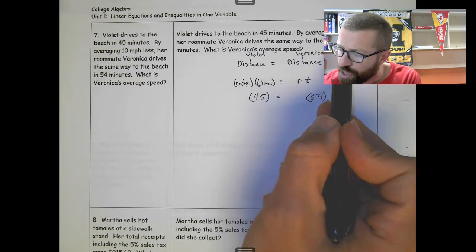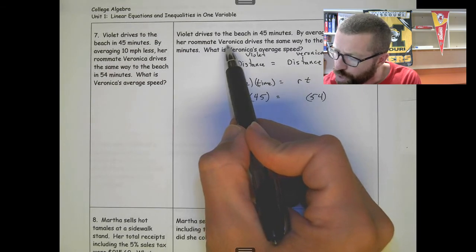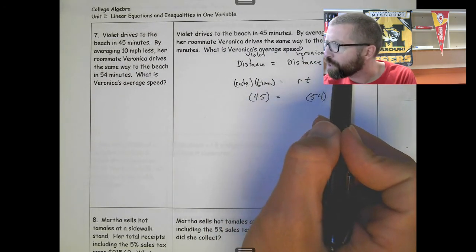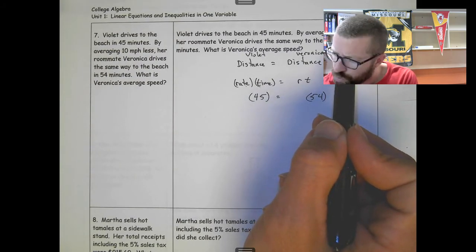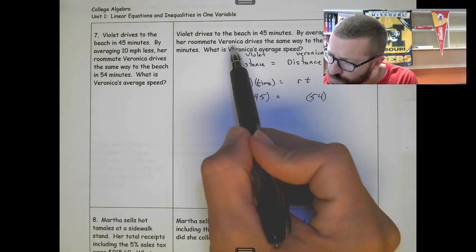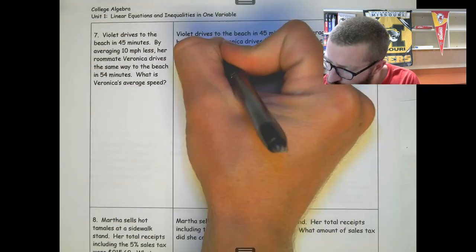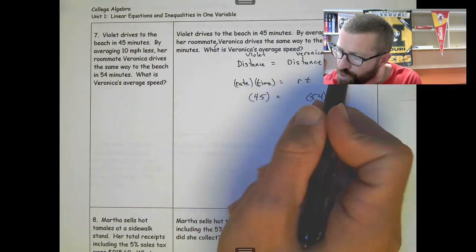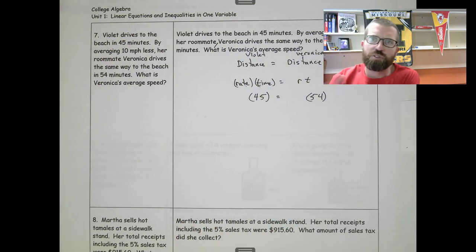So by averaging 10 miles per hour less than her roommate, Veronica drives the same way to the beach in 54 minutes. What's Veronica's average speed? So you've got to decide if you want to do addition or subtraction here.